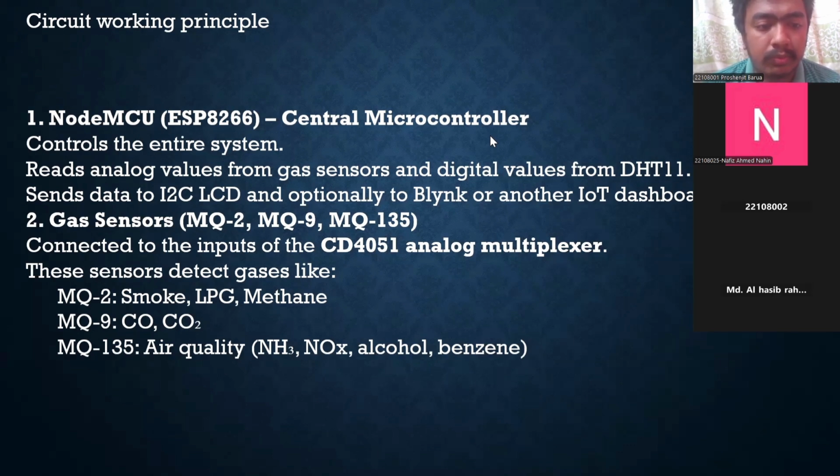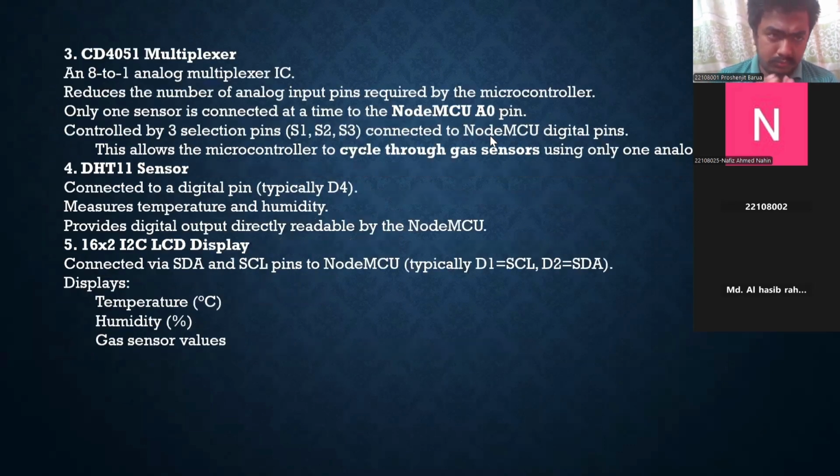MQ9 measures carbon monoxide, and MQ135 measures air quality, mainly alcohol, benzene, and ammonia gas. The CD4051 is a multiplexer. The DHT11 sensor is a temperature and humidity sensor, and the display is used to see the data, which is also shown on Blynk IoT.